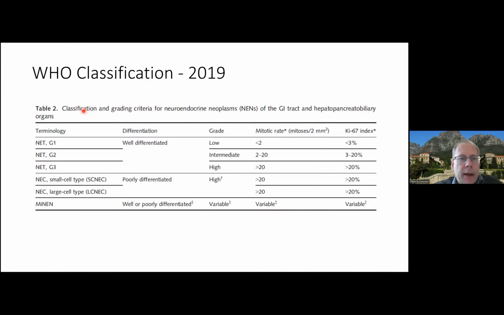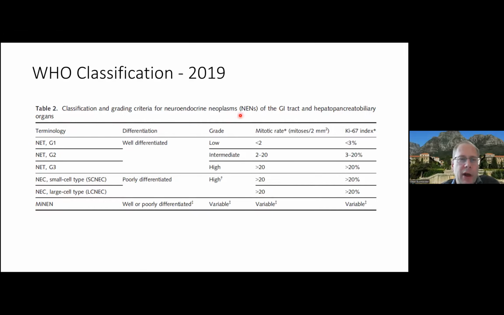The ones that are poorly differentiated tend to have higher mitotic rates and higher Ki-67 indexes, and are termed neuroendocrine carcinomas. I think you just need to understand the semantics of it. You need to be careful about the terms that you're using to describe these neoplasms.